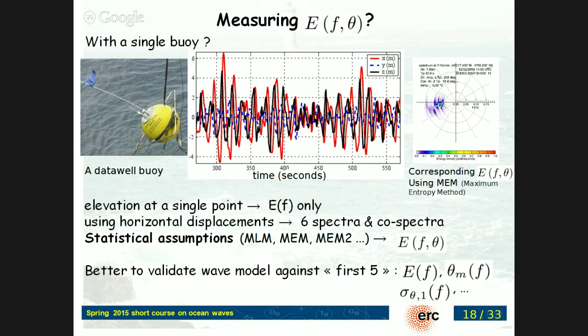There's several ways to present them, but essentially one is the total energy at each frequency, the 1D spectrum. Another one is a mean direction at each frequency. Then you have directional spreading, what we call sigma theta. That tells you if the spectrum is very narrow or very broad at each frequency, and it's called sigma 1 because you can also compute a mean direction and a directional spreading a slightly different way, and that would be theta 2 and sigma 2.